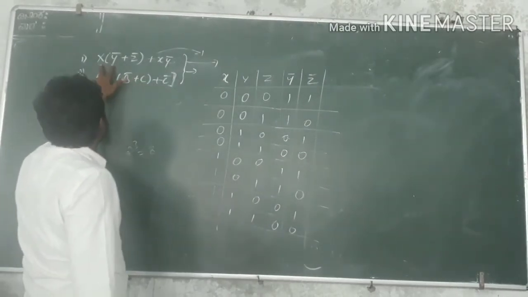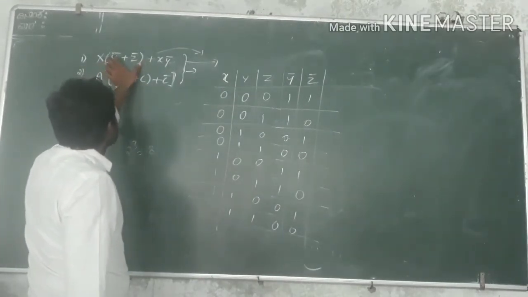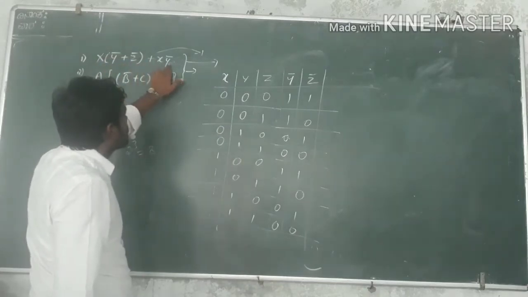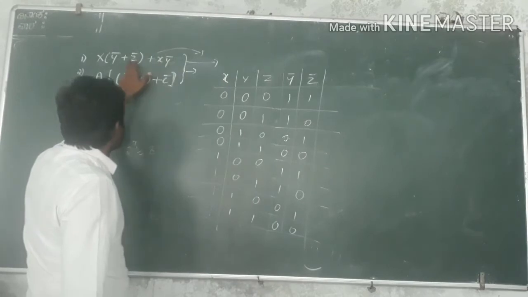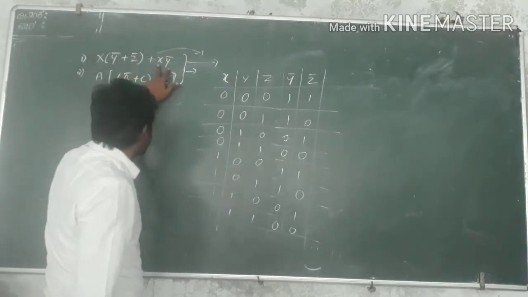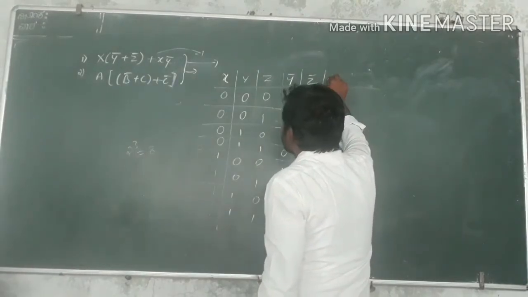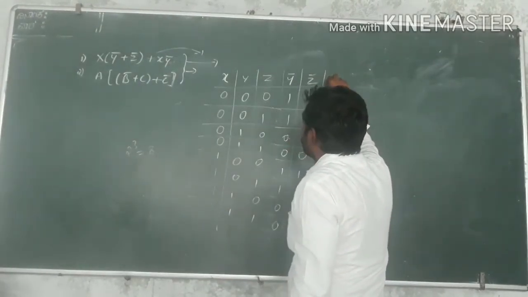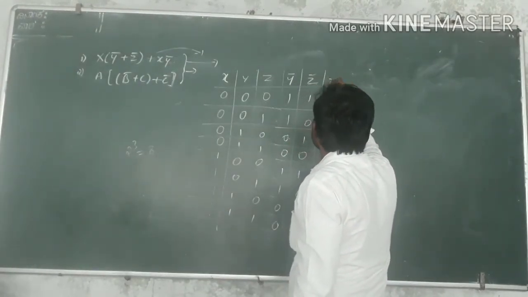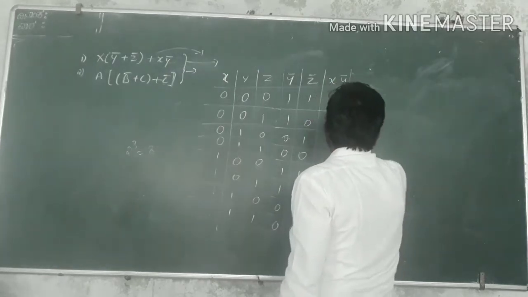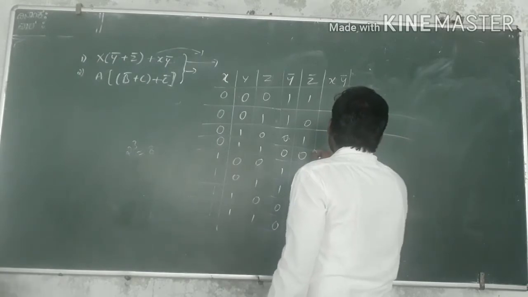Next we have a compound equation, that is y complement plus z complement, and x into y complement. Either you can go for this one or this one, no problem. Let's first find the value of x into y complement. x is the value of x, and y is y complement.